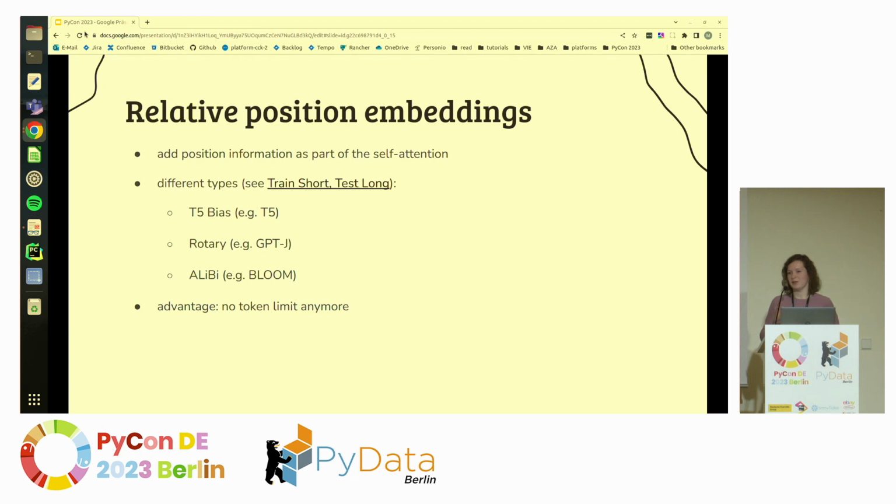Let me try to answer. I'm not sure if it will answer your question. So the idea for the relative position embeddings is usually that you have specific embeddings for specific distances. So you have an embedding for distance of 1, 2, 3, 4, 5. And at a certain point, that just gets truncated.